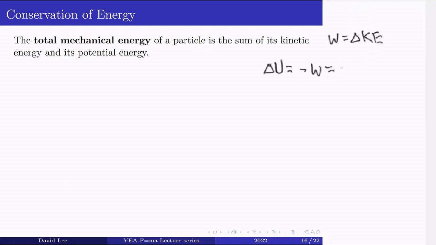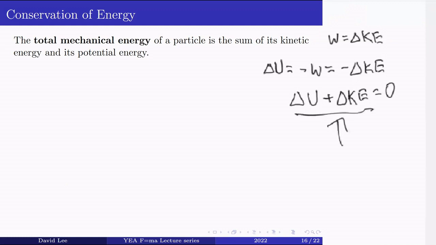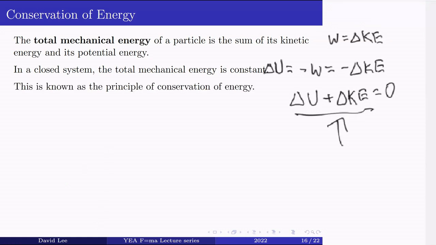So this is just the negative of the change in kinetic energy. So what we get is the change in potential energy plus the change in kinetic energy is equal to 0. What this is basically saying is that this thing is a constant. So with that in mind, we define it to be the total mechanical energy of our particle. And in a closed system, this is always constant. And this is known as the principle of conservation of energy.